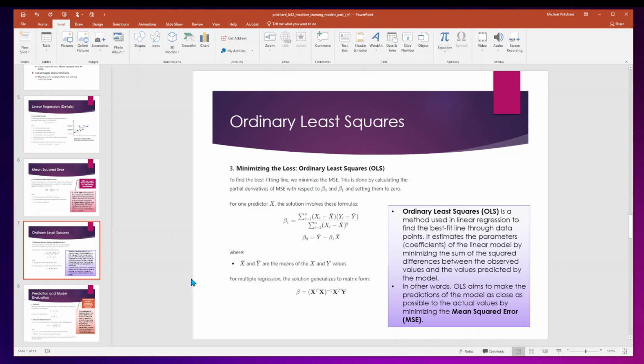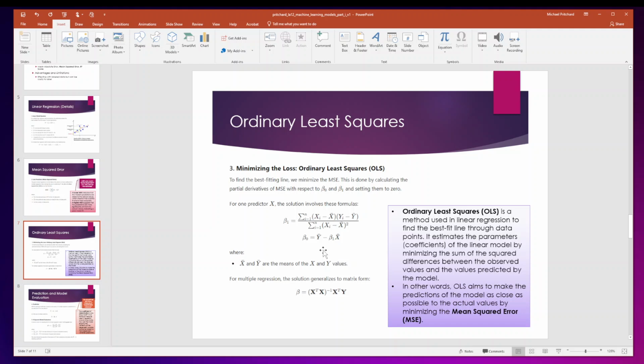Another way to say this is, we're looking to find the values of beta sub 0 and beta sub 1 for the regression, or the entire set of coefficients in a multiple regression, in a way that minimizes the total error.